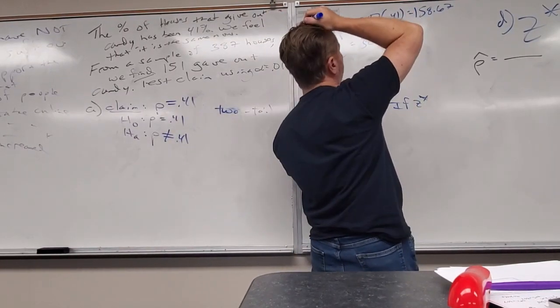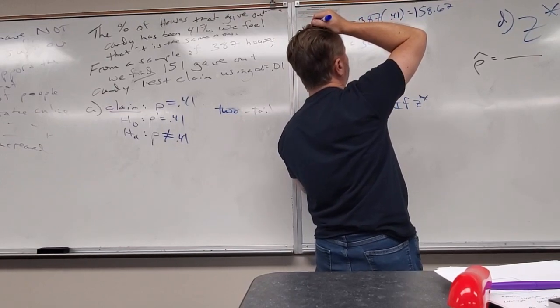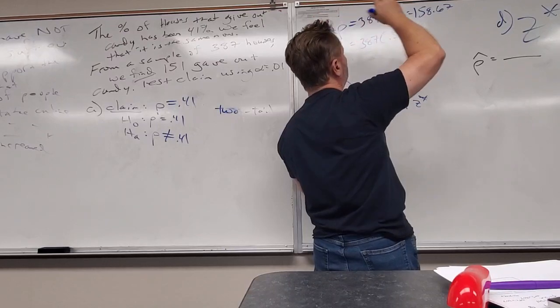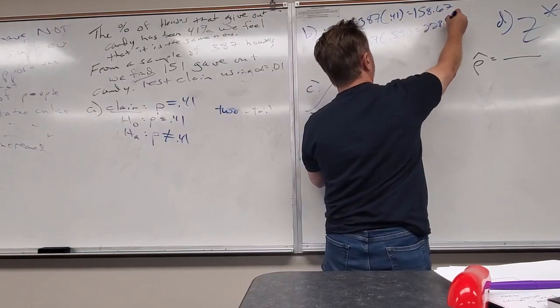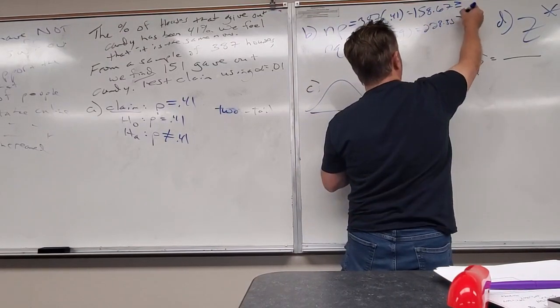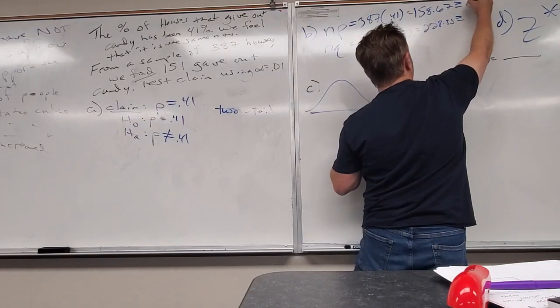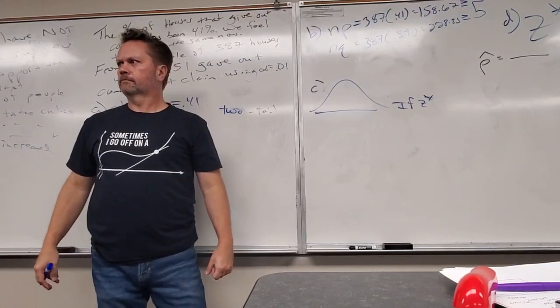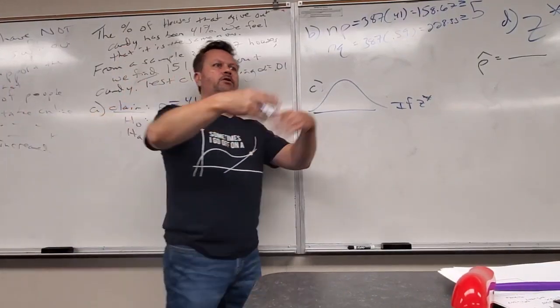That's going to be what, Jeff? 228.33. And the big thing that's important is these are both bigger than or equal to 5. Which means what? Normal enough. We can do something. We do a z-test.